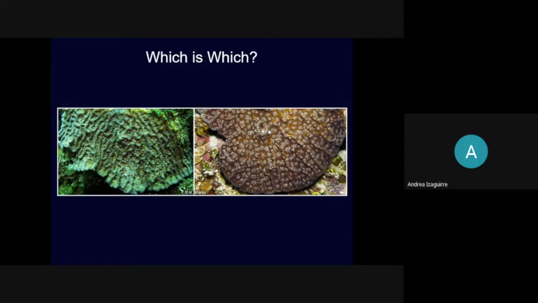Okay, so in this one, they're giving me two big clues. So I have on my left side my pink polyp mouths, and on my right side I'm going to have my white polyp mouths. But even without that, I can see that on my left side, I have those ridges that intersect quite a lot, and I have a lot of walls and ridges just all around the coral.